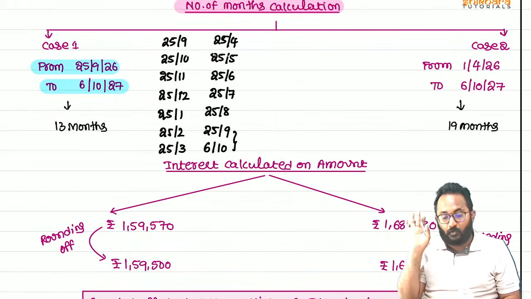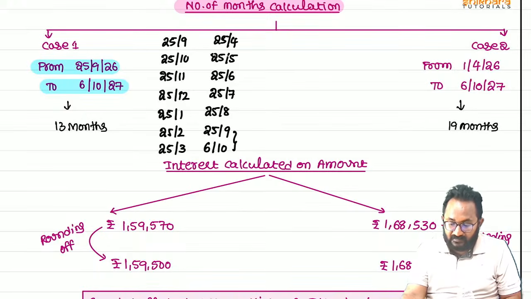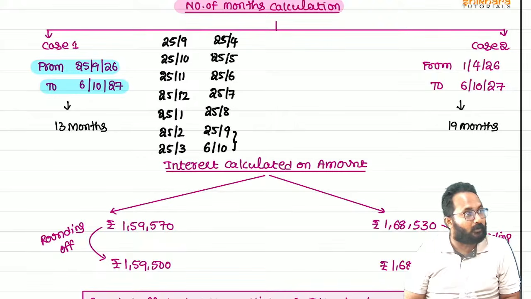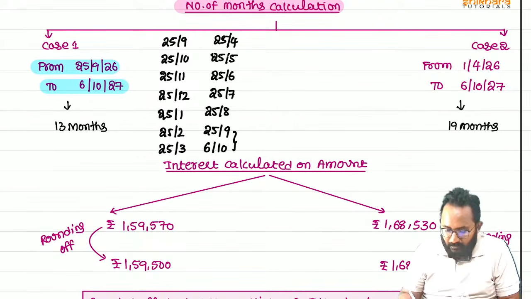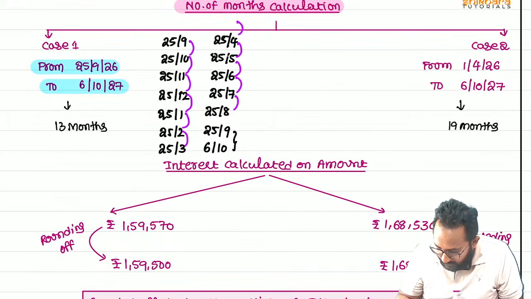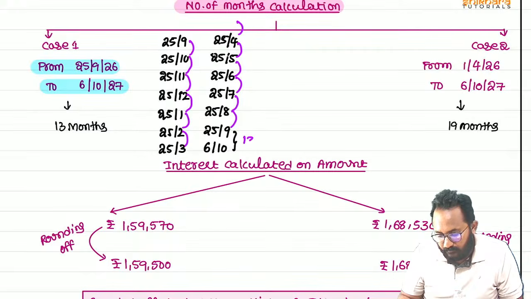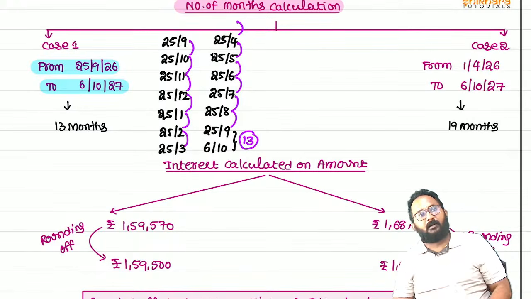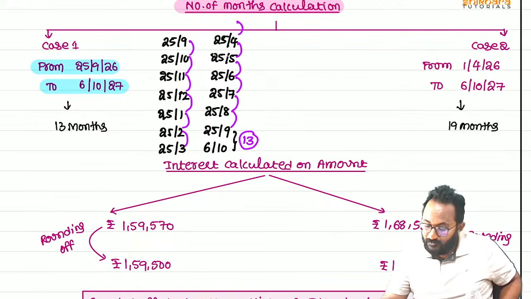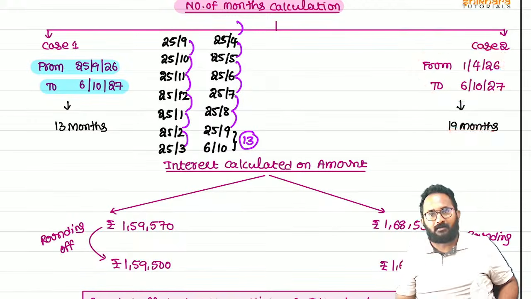Why did you get 14? You left some days in September and you left some days at the end. So that's why you get 14 months. Remember, calculate 1 month, 2 months, 3, 4, 5, 6, 7, 8, 9, 10, 11, 12, 13. Part of the month is also considered as a full month. Here you will get the same answer as I got.